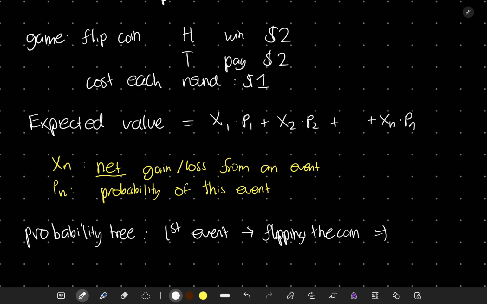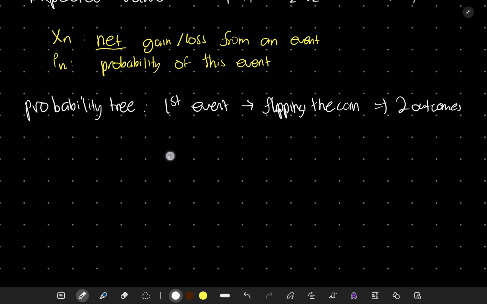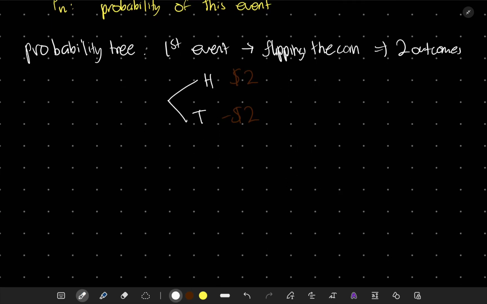That means I'm going to have two outcomes, heads and tails. That's what my probability tree looks like. If I get heads, I win $2. But if I get tails, I do -2, right? Now I'm going to label what my x1 and xn's are. x1 is the net gain from getting heads on a coin.